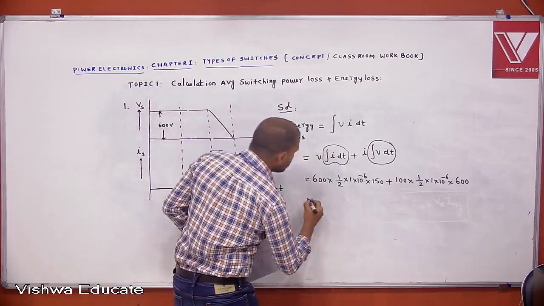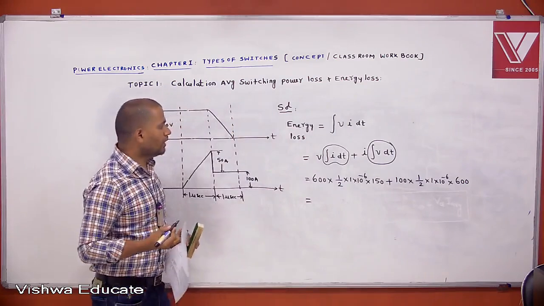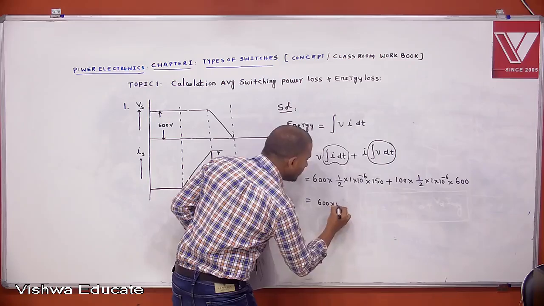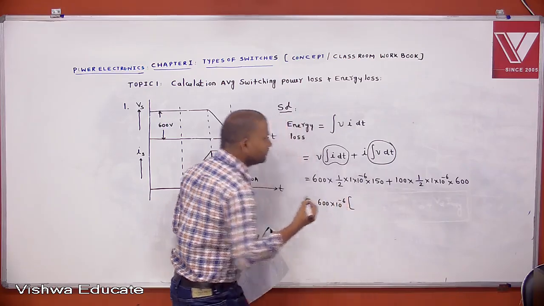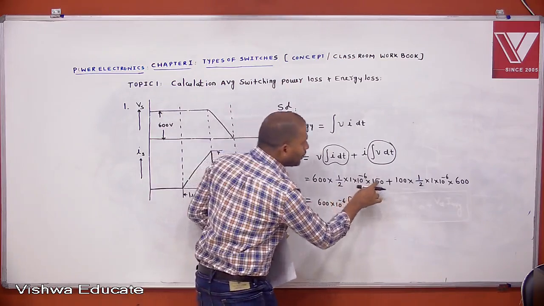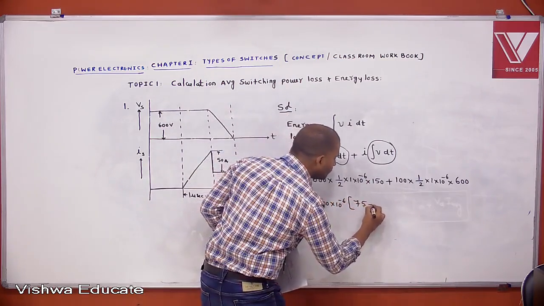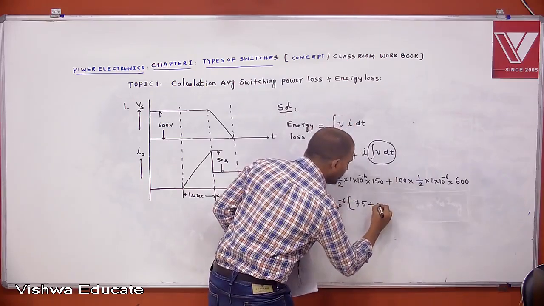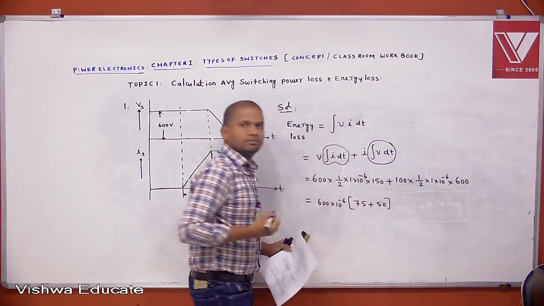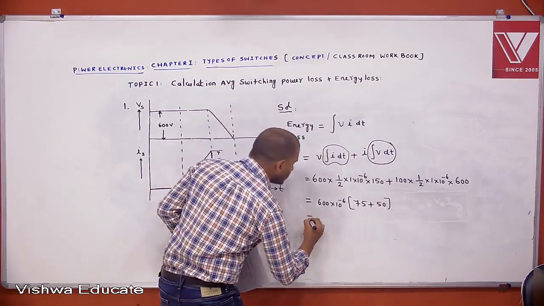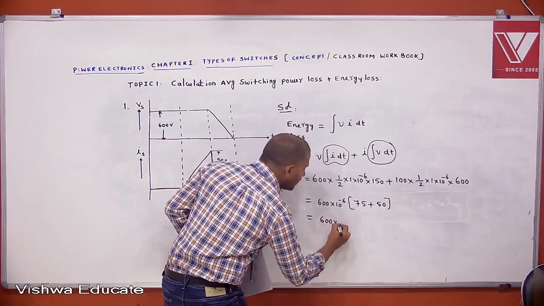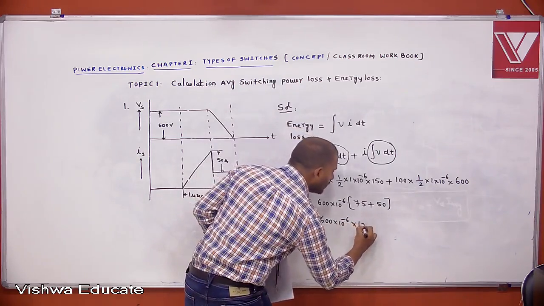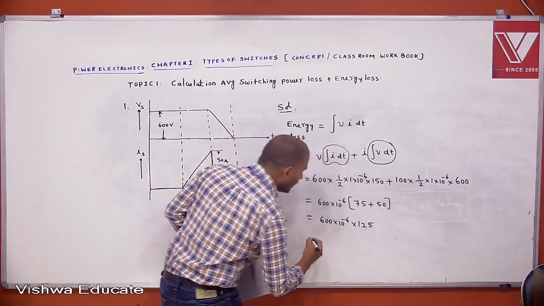Now you simplify this. What do you get? Here 600 into 10 to the power of minus 6 is common. 1 by 2 into 150 is 75, plus 1 by 2 into 100, that is 50. Then how much do you get? 600 into 10 to the power of minus 6 into 125.